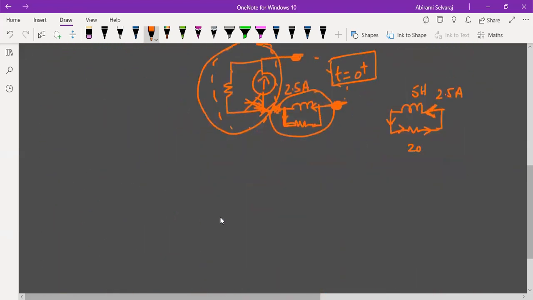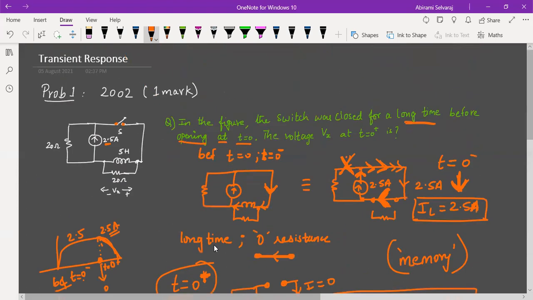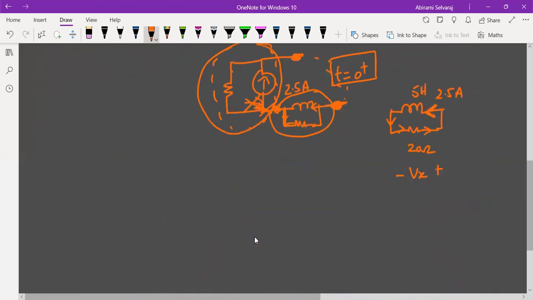Vx is here with the polarity marked in the question. I cannot change the polarity of Vx given in the question. Whatever polarity they give, we are supposed to use the same polarity; only then will we get the right answer. Our current is entering here, so the actual polarity is like this.